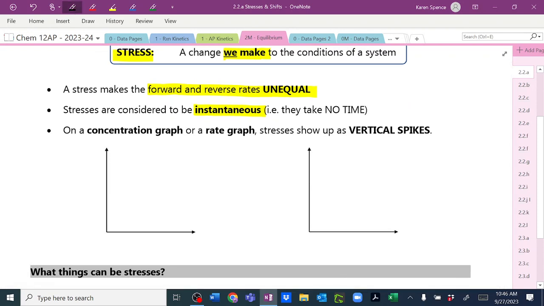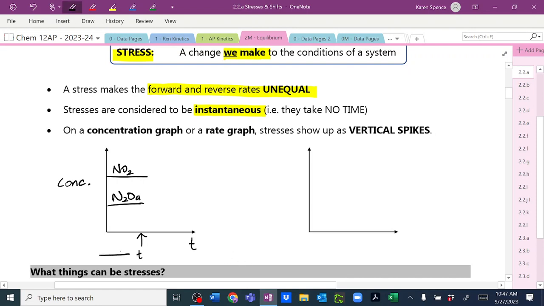So if we have here concentration, and let's just say we have some NO2 and we have some N2O4, and this is our time, if at time t, whoops, that's the wrong place to label that.